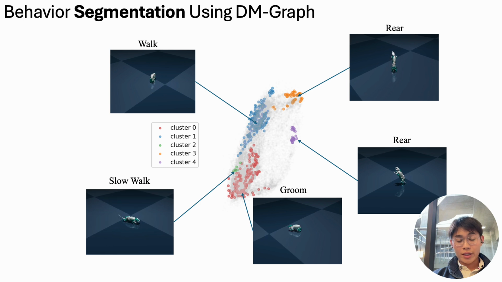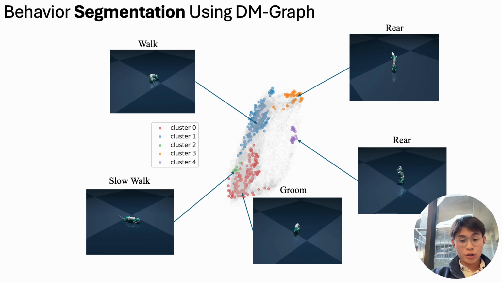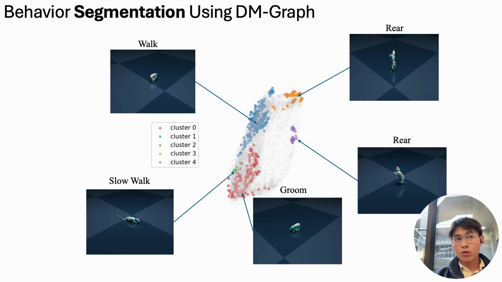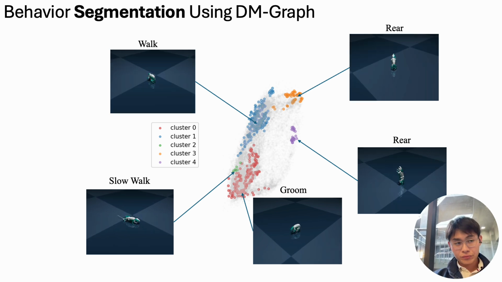With increasing the number of clusters, we see even more, where there can be even some transitional change within. So this is a PCA rendering, a transitional change in the PCA from walking to rearing, and then later on back to grooming or slow walk and then walking again.